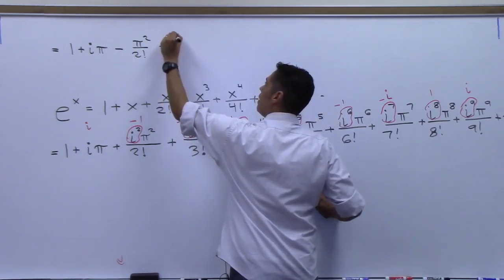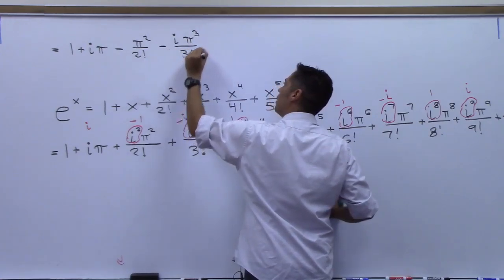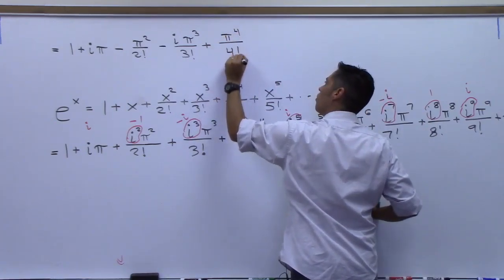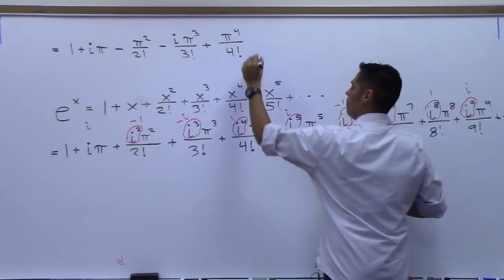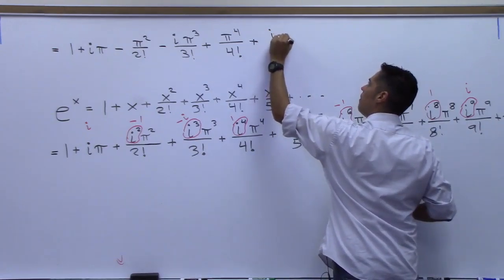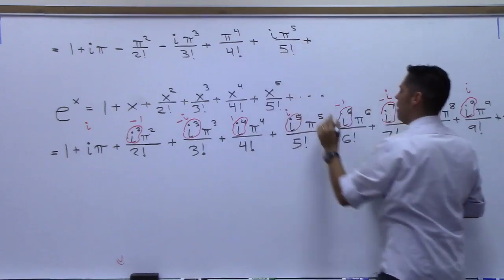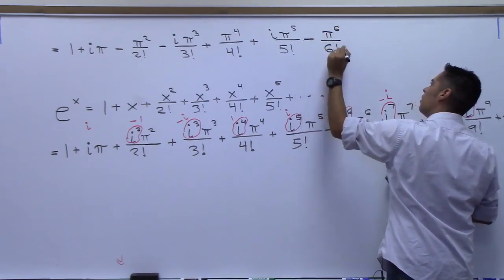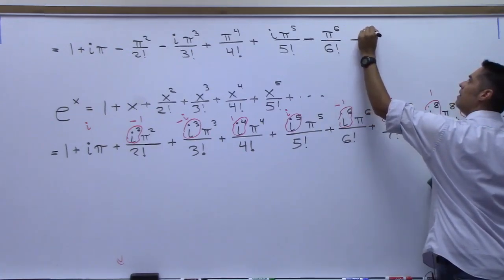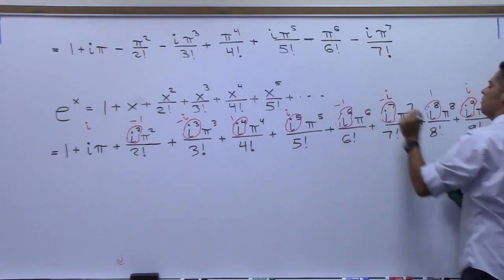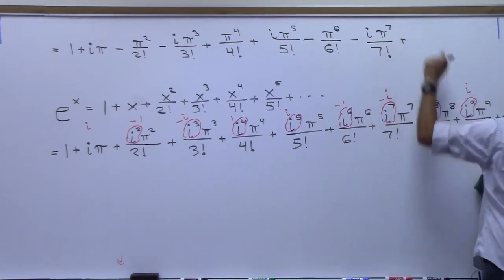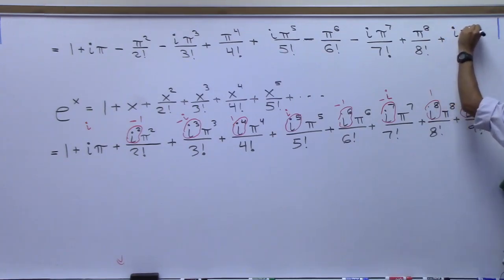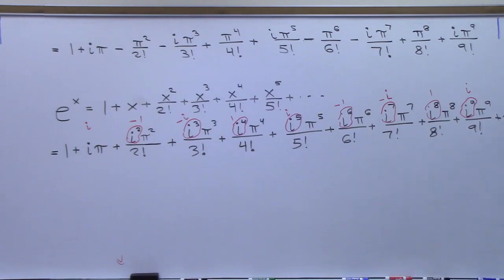Minus i pi cubed over 3 factorial plus 1 pi to the 4th over 4 factorial plus i pi to the 5th over 5 factorial minus pi to the 6th over 6 factorial minus i pi to the 7th over 7 factorial plus pi to the 8th over 8 factorial plus i pi to the 9th over 9 factorial. We agree? Dot, dot, dot.